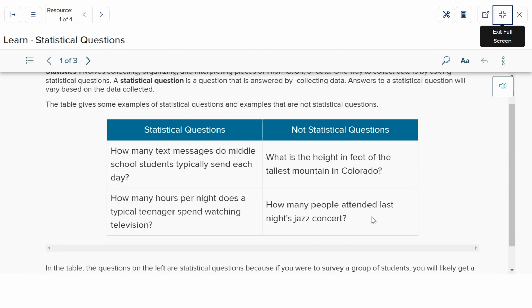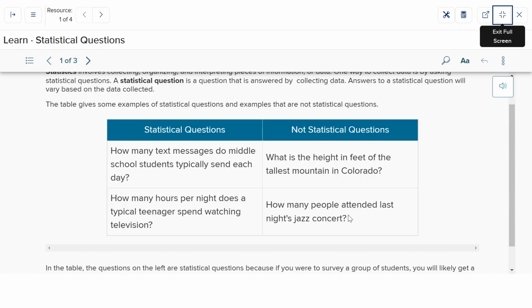The jazz concert one feels like you might be collecting data because you're collecting the number of people as they walk in the door, maybe. But again, there is still only one exact right answer here, and so it's not statistical because it is what it is. It happened already.